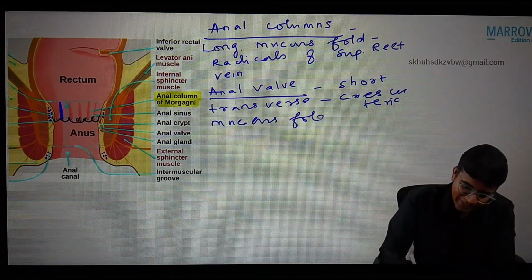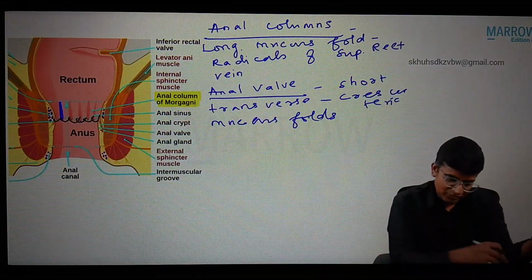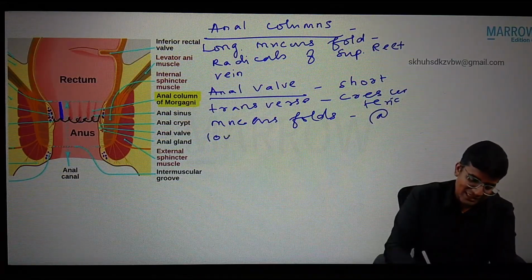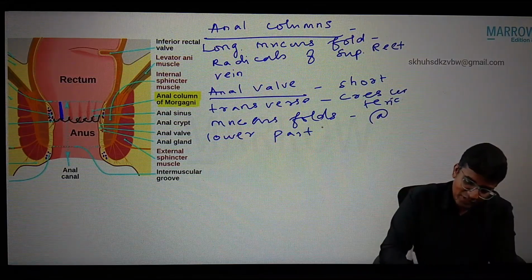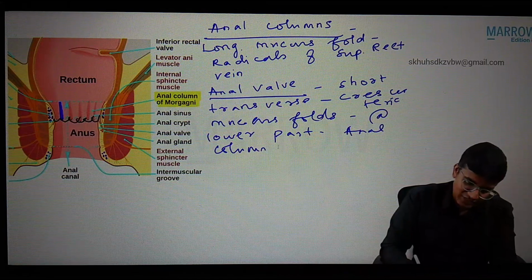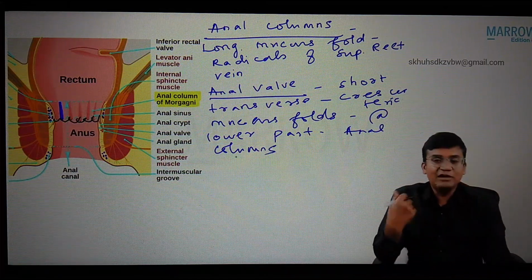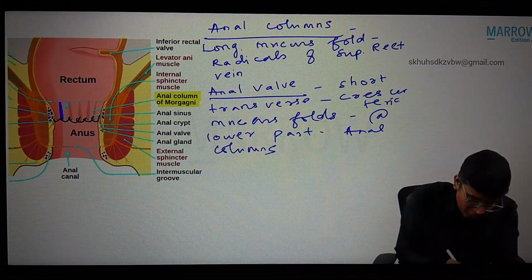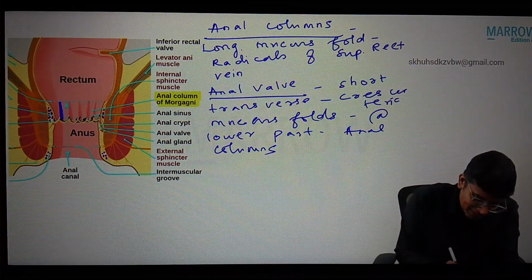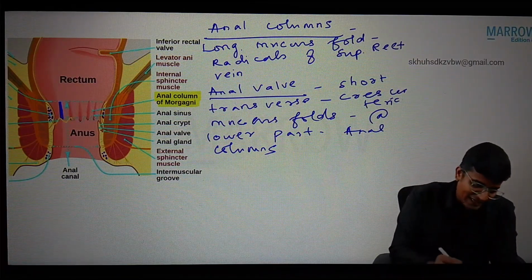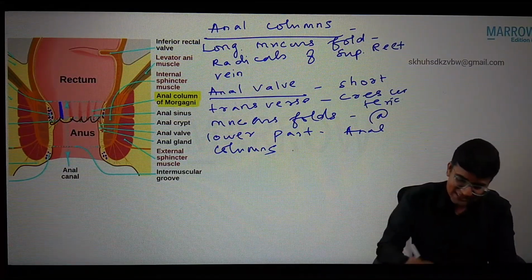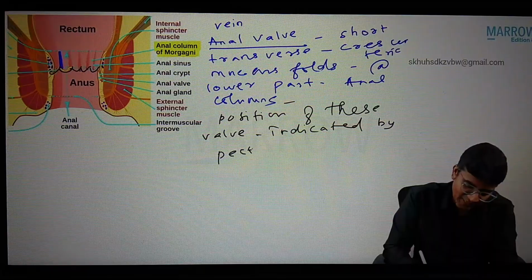They are situated at the lower part of the anal columns. The position of the anal valves is indicated by what line? Just now I told you. The pectinate line or dentate line.